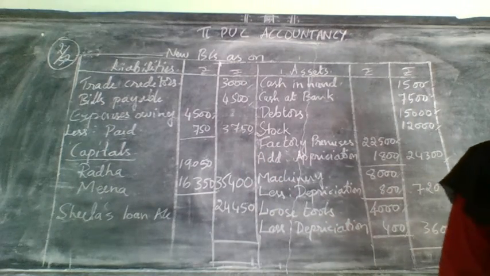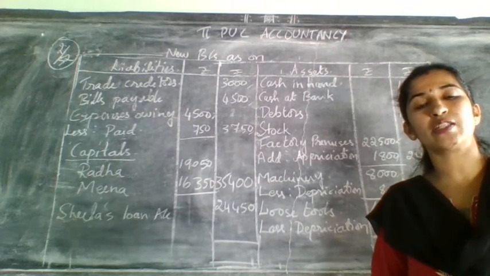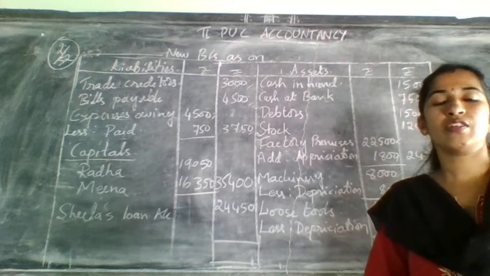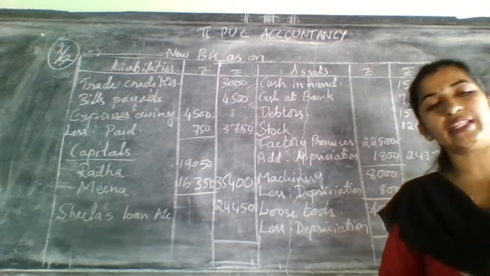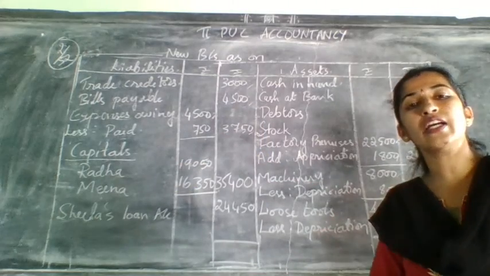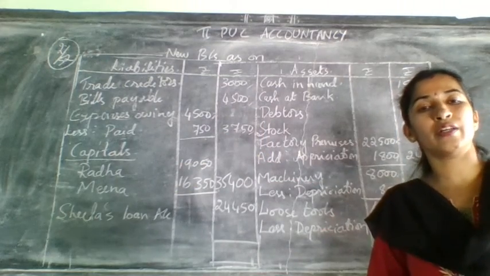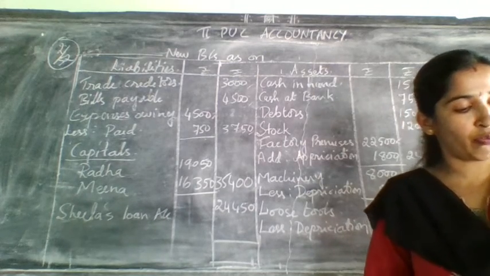Next, patents were considered as valueless. Patents considered as valueless means it was completely gone. So when it is completely gone, everything is considered as depreciation only. So take it on which side? Debit side of the revaluation account. They have not given the value there.